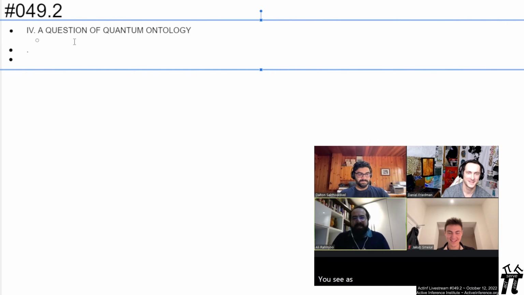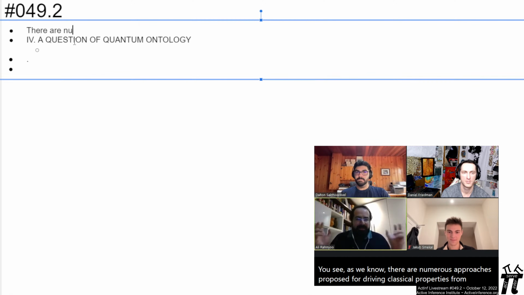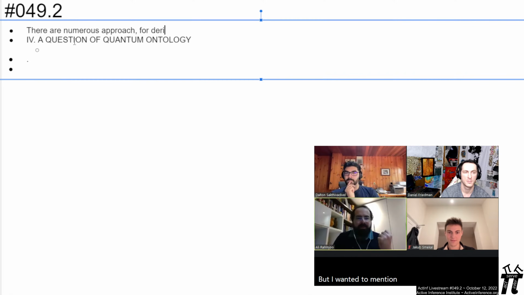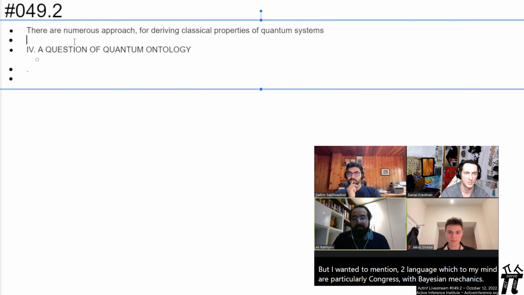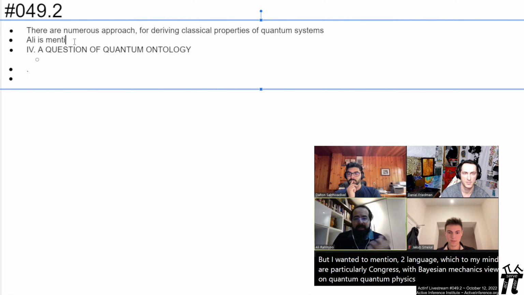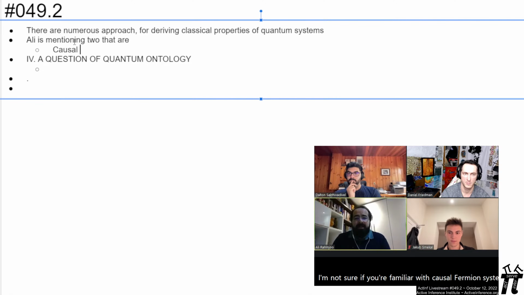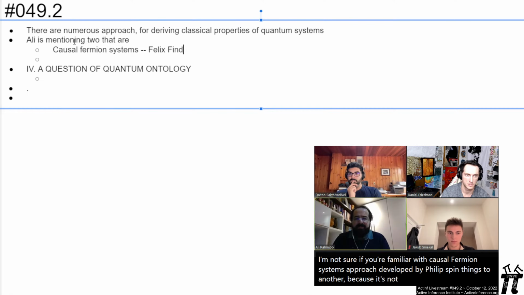You see, as we know, there are numerous approaches proposed for deriving classical properties from quantum matter, so to speak. But I wanted to mention two among which, to my mind, are particularly congruous with the Bayesian mechanics view on quantum physics. I'm not sure if you're familiar with causal fermion systems, an approach developed by Felix Finster and others, because it's not a particularly well-known theory.